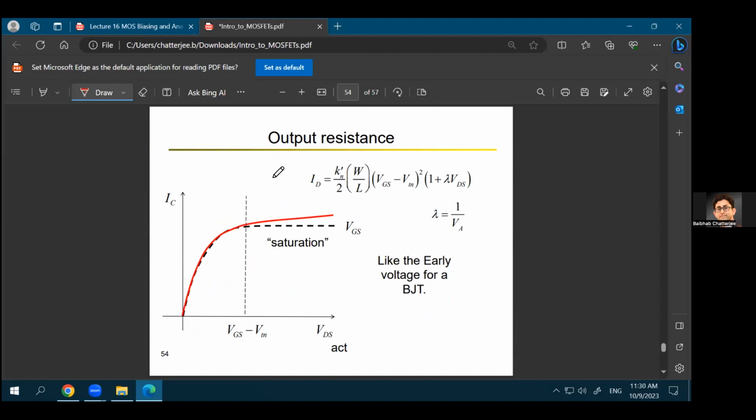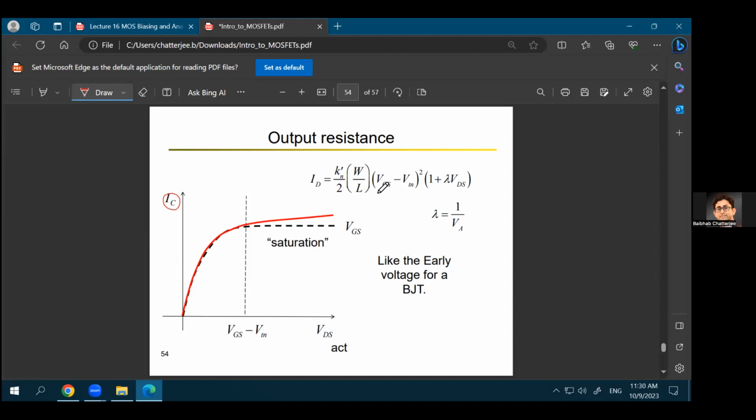In the saturation region, in the ideal condition, since the current is constant, the output resistance is infinity. As you increase the voltage, your current does not increase, which means the change in voltage divided by the change in current is an infinite quantity. So your output resistance in saturation in the ideal scenario is infinite.